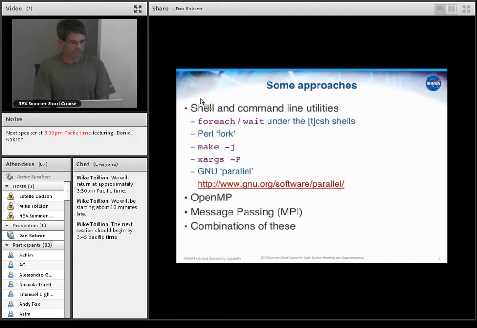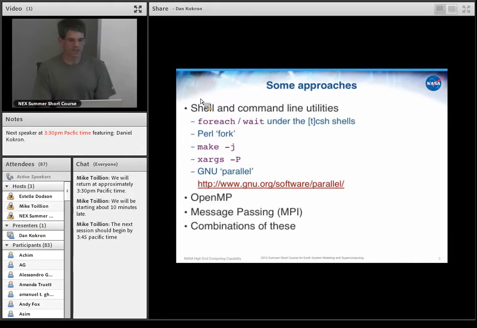Make -j: make is often used in the Unix world to build codes. Xargs -p: you can also run parallel processes, and then there's the GNU parallel utility itself.